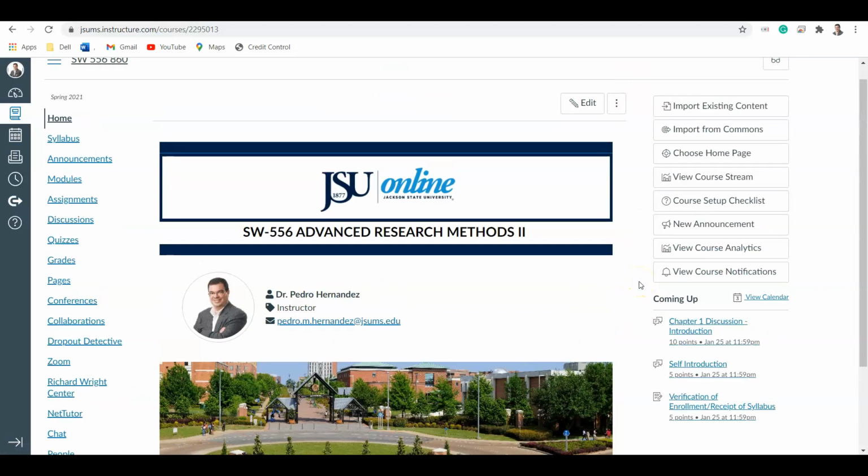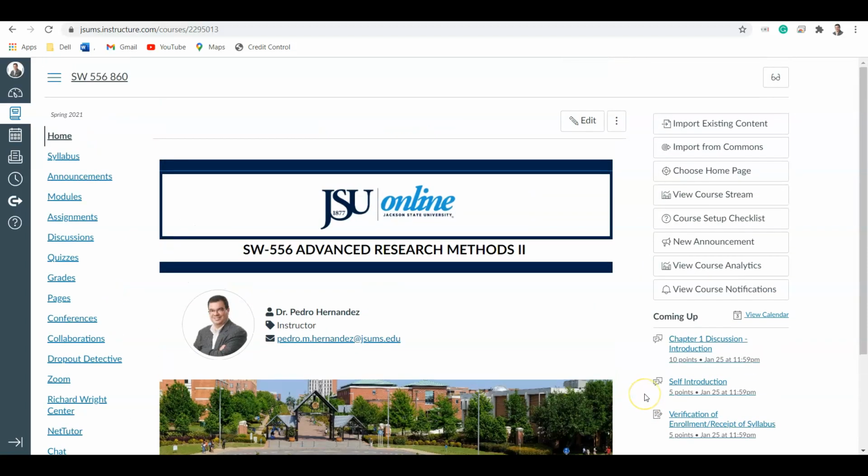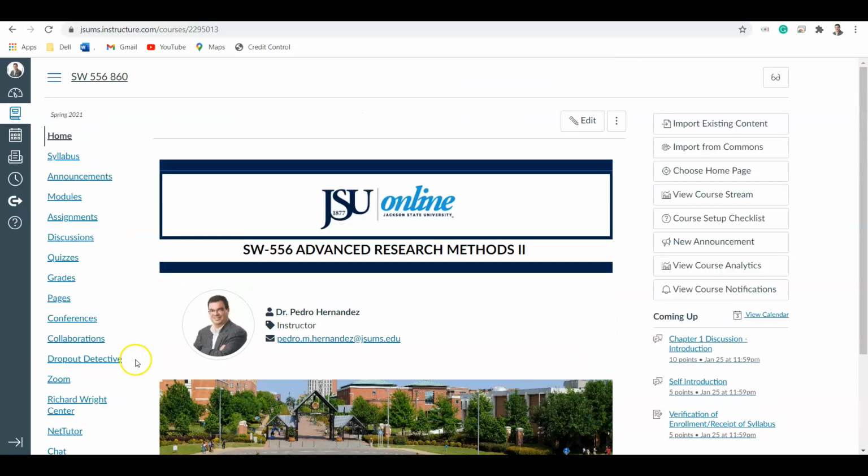There's a way to get the student view. Why am I not seeing that? Well, anyway, there's a way to see the student view and it won't let me, but it's pretty much similar.